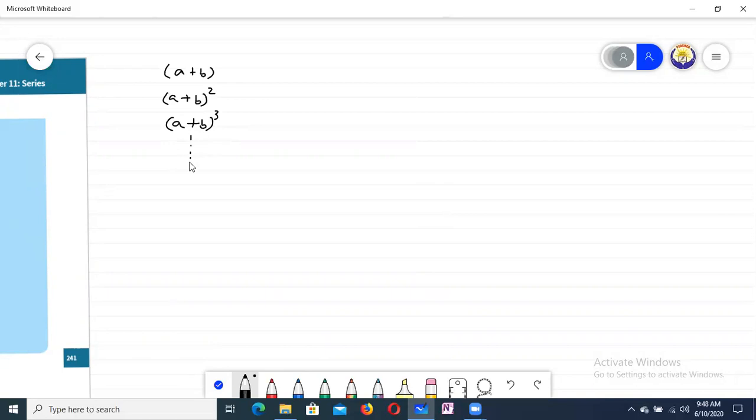In the same way, if (a+b) is raised to the power n, we will use the same way. As I told you, in all the terms we will write ab, here also ab, plus again ab, plus again ab in the same way.